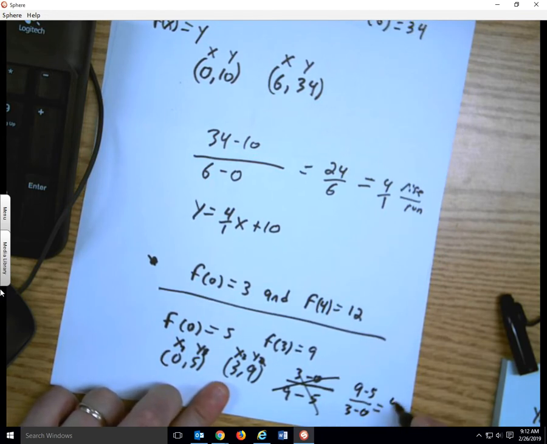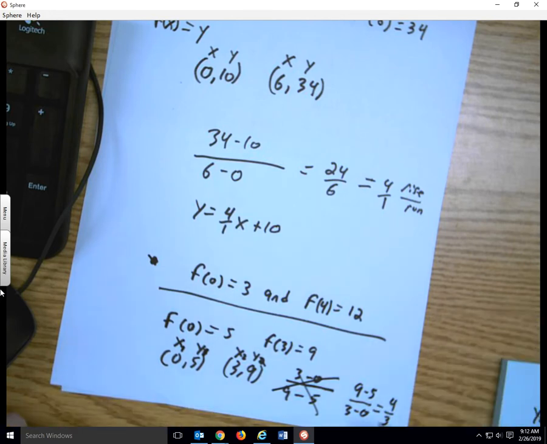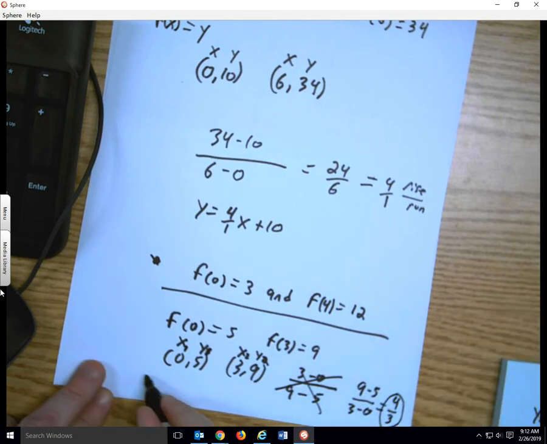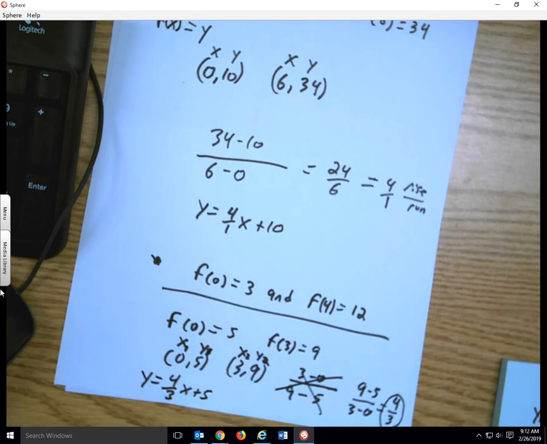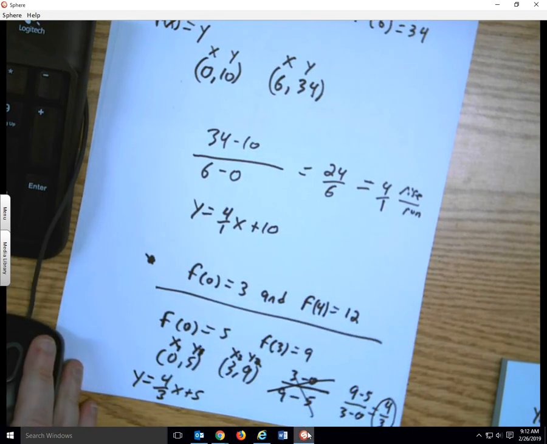Then you find your m. Okay, well, we might as well finish this one. So if the m is 4 over 3, the answer would be y equals 4 over 3x, and then if x is 0, y is 5, plus 5. All right. Hopefully this is helpful.